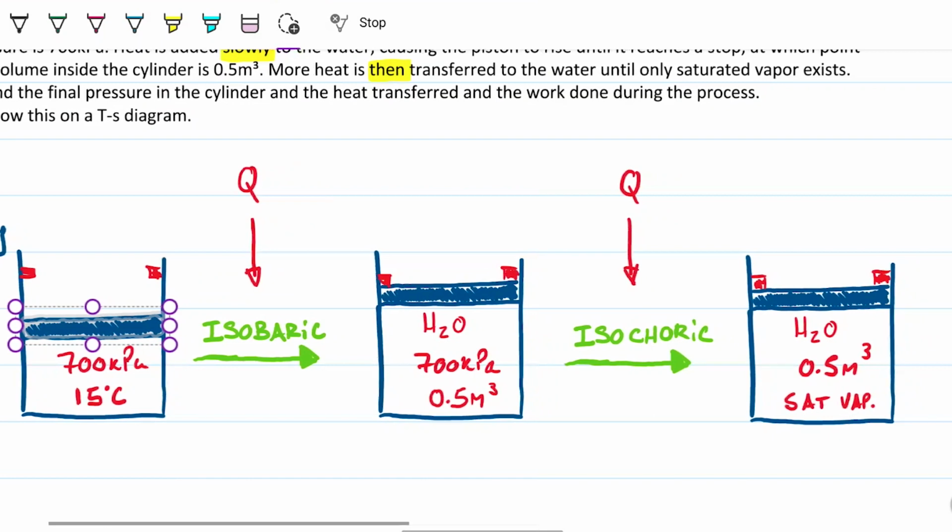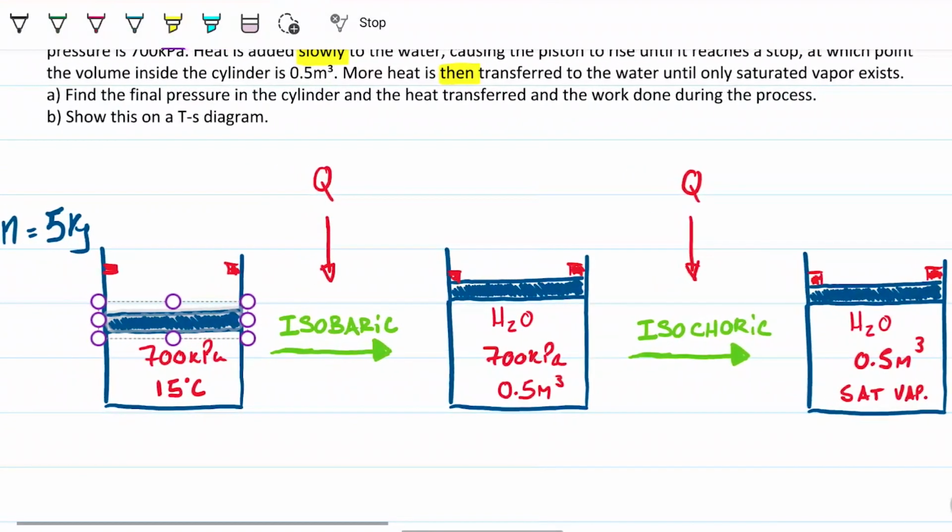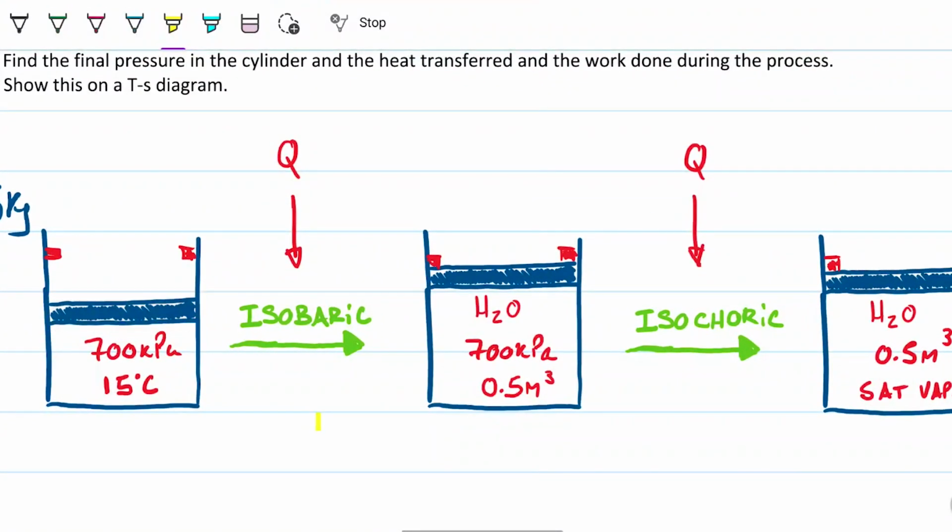So therefore, the next addition of heat will cause the pressure to increase, but not the volume to change. That means that we start with a first state, and let's call this state number 1. And then because of the quasi-equilibrium situation, after the heat is added, we end up with a situation that's also at the same pressure. So this can be considered an isobaric process. So that gives us number 2.